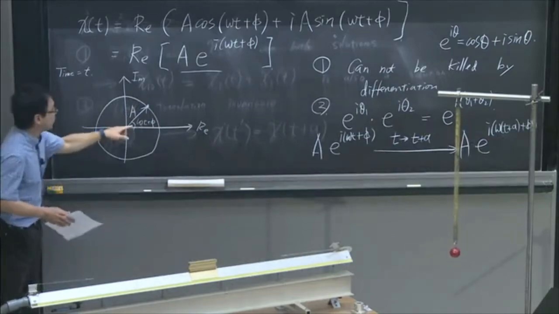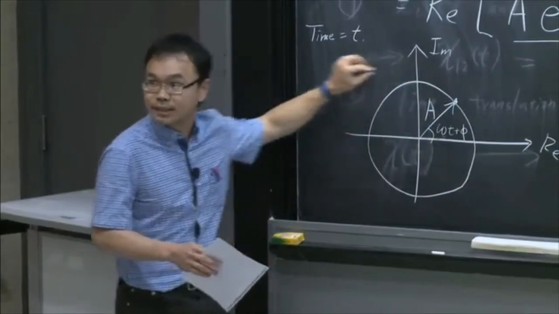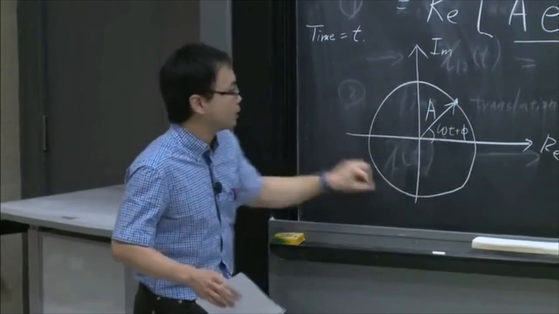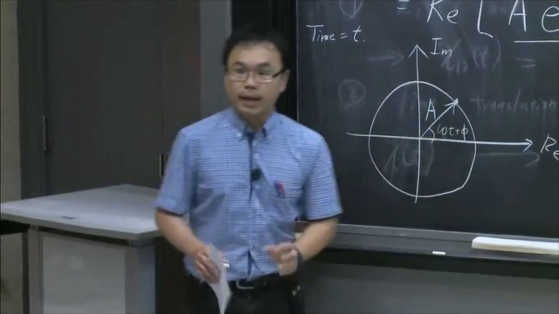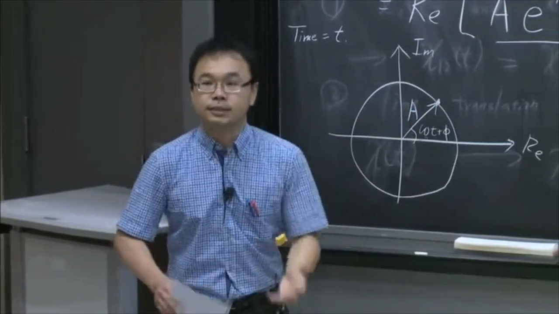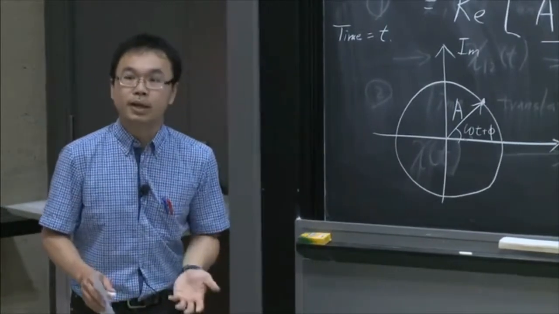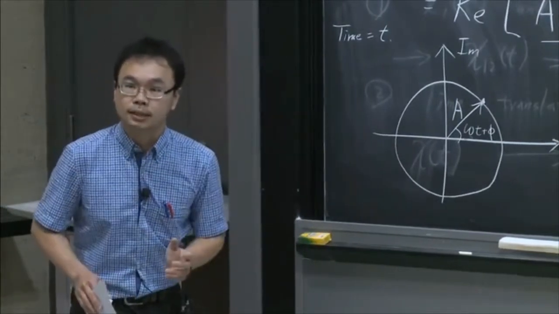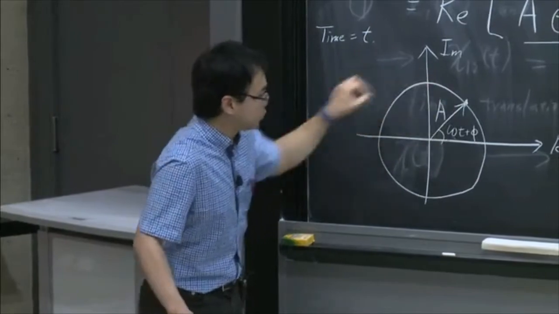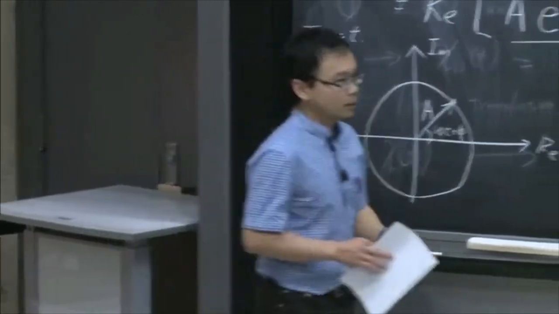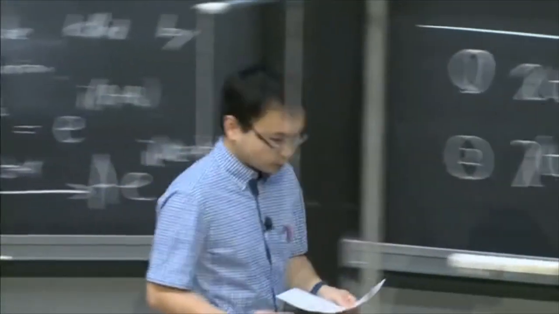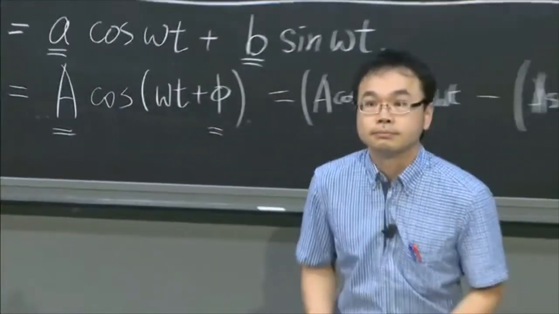As time goes on, this thing will go around and around, and the physics is always the same no matter when you start counting. The translation is just a rotation in this plane. Any questions?